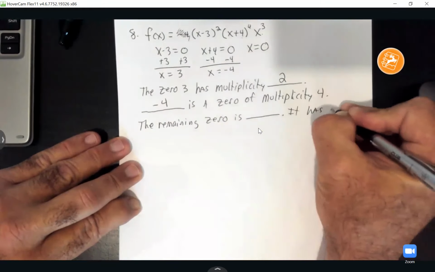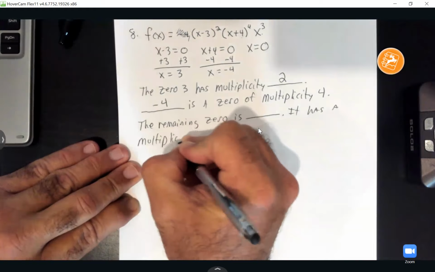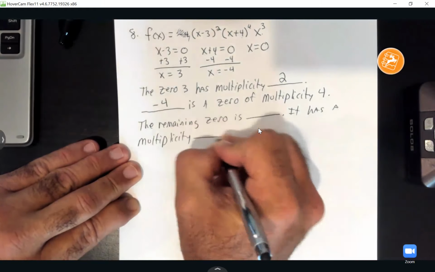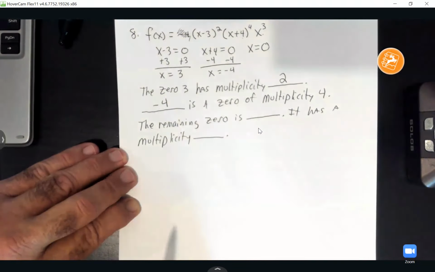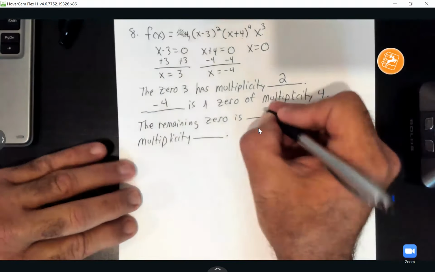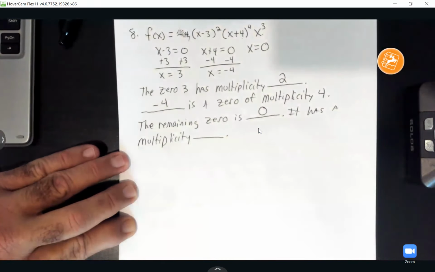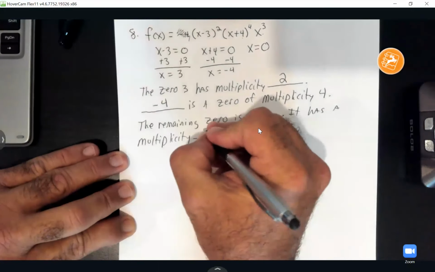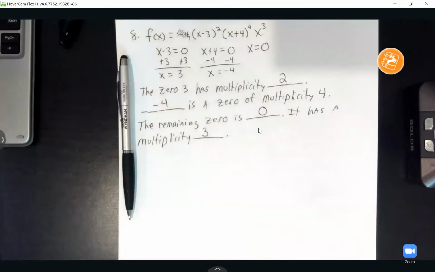It has a multiplicity blank. So what was my remaining zero? 0. All right, so the remaining zero is 0, and it had a multiplicity of what? 3. Of 3.